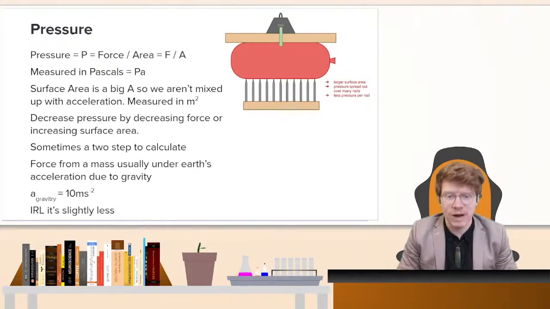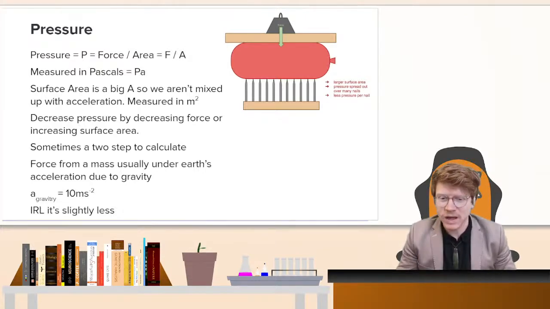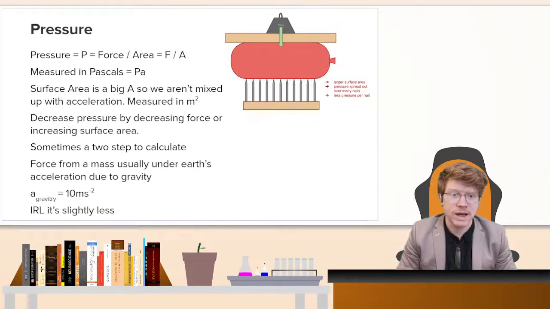Here, the force is being provided by a mass, which you can see up the top there, under gravity, right? And this kind of relates to our two-step calculations, which you might be given in an NCEA context. You'll be given, say, the mass of the object that's there on top of the board, and then you'll be told that you're on Earth, where Earth has an acceleration due to gravity of 10.